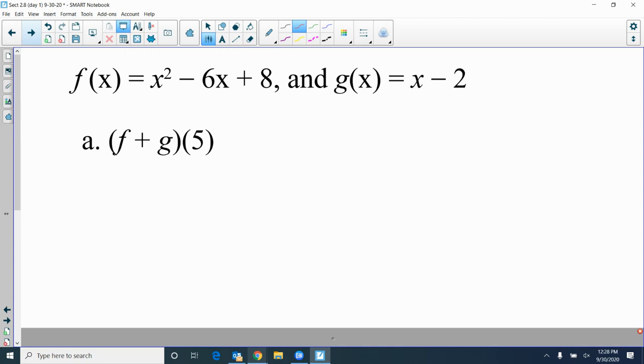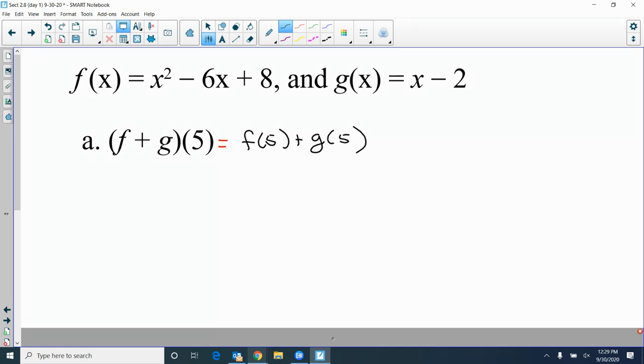All right. That next little piece there, f of x. You're given the equation. Find f plus g of 5. Well, what do you think that means? Okay, Thomas? Plug in 5 for x. And here's what you're going to do. You're going to make it f of 5 plus g of 5.